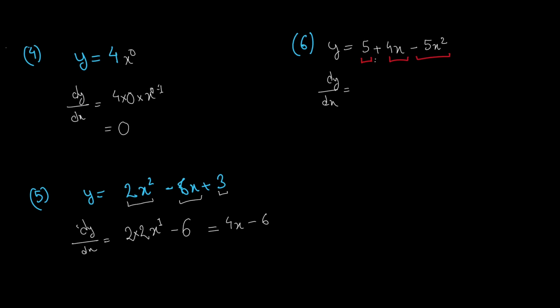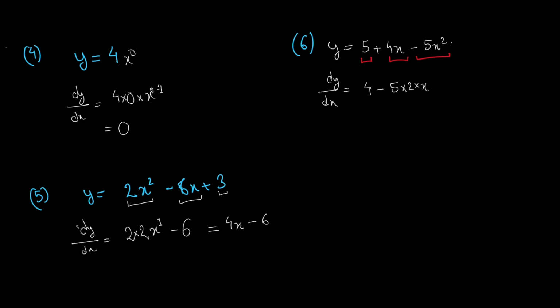Now, if we differentiate a constant, we'll get 0. We just saw it. And just like the last example, we are not writing the 0 here. When we differentiate 4x, we'll get 4 only. And then when we differentiate minus 5x squared, we'll get minus 5, because minus 5 is the constant over here, and then we have 2 as the power. So we will have to write 2 into x to the power.